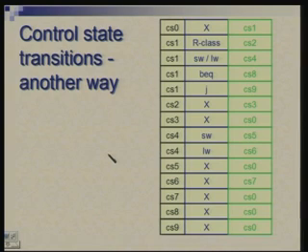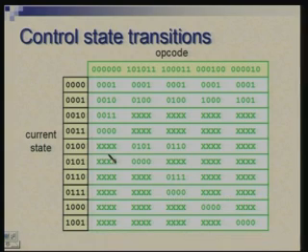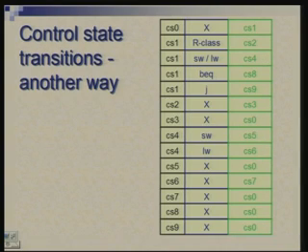So here this is a more compact representation, because here you notice a lot of sparsity. Instead of having a 2D table, I am showing it as a one-dimensional table where all input combinations are listed vertically. So the current state and instruction combination, but we don't have 2 raised to power 10 entries here, although there are 10 bits of input, because there are lots of X's or don't cares.